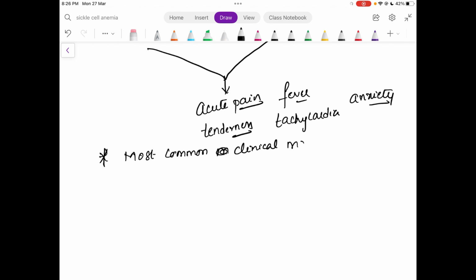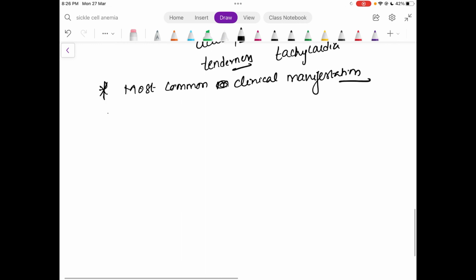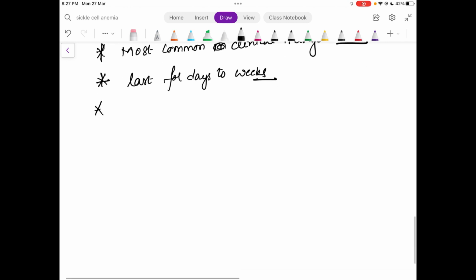They will last for days to weeks, and they will increase leukocytes in blood.